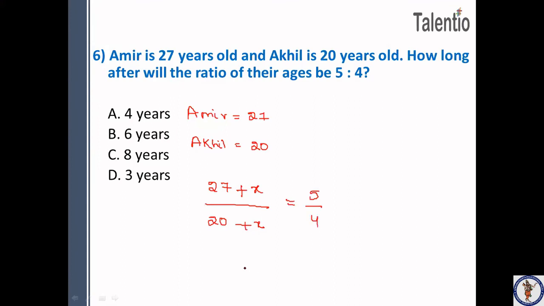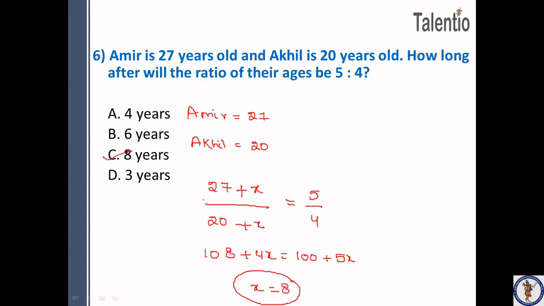So just simplify this equation. 27 into 4 is 108, plus 4x is equals to 100 plus 5x. So if you subtract, x is equals to 8. So after 8 years, the ratio will be 5:4.